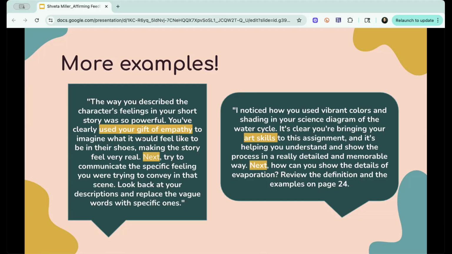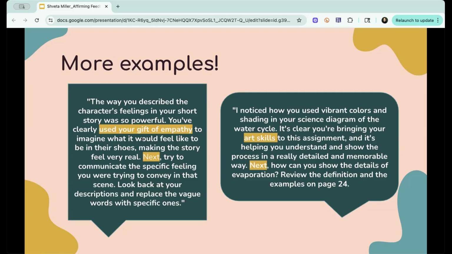And I want us to root back in Goldie Muhammad's description of genius and really find what are things about a student's identity that we can bring in and validate as part of our strength. The way you described the character's feelings in your short story was so powerful.